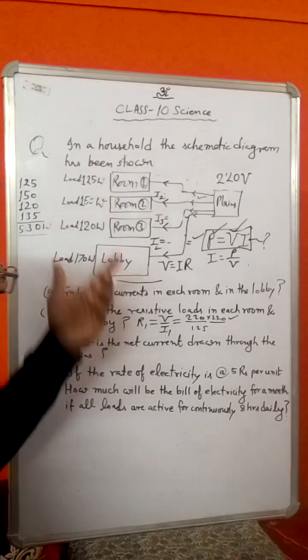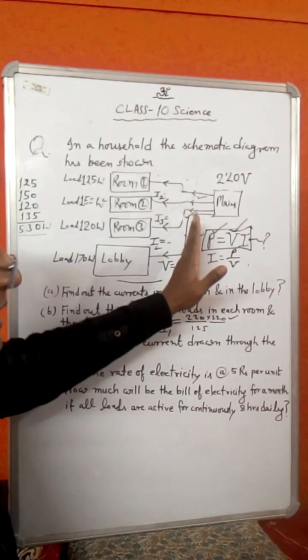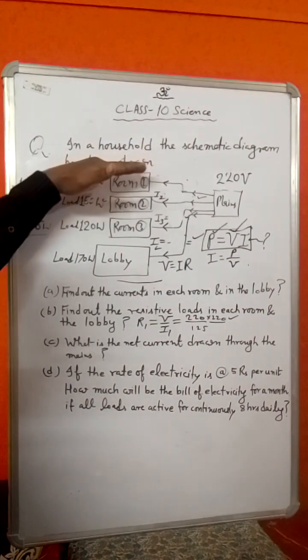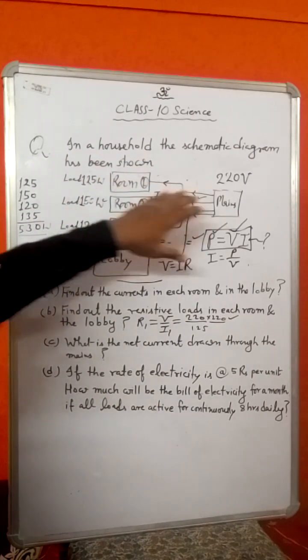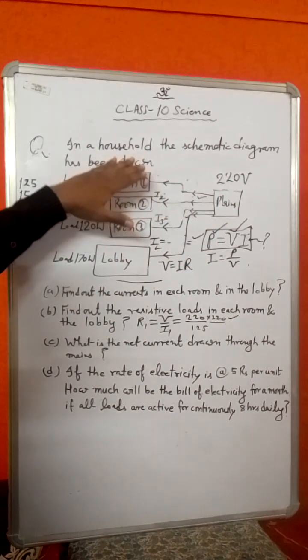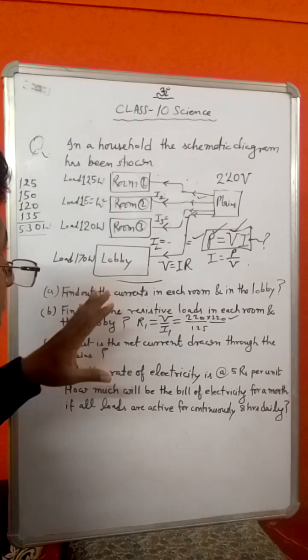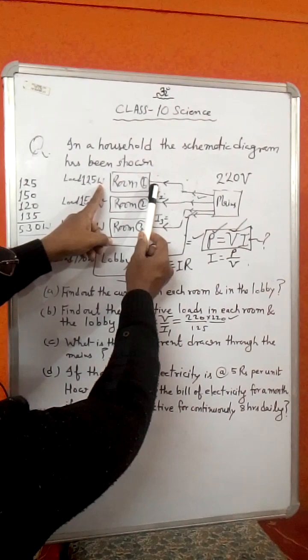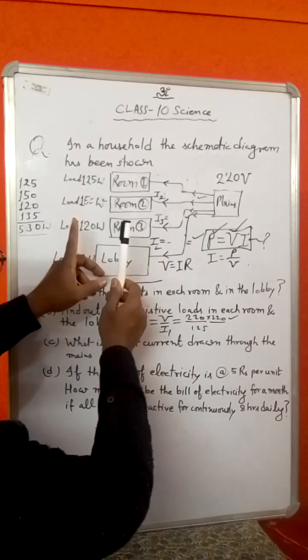So that is the reason that the 220 volt from the mains, and as the rooms are in parallel combination, this entire 220 volt will be supplied to the respective rooms. Means here the voltage is exactly 220 volt.